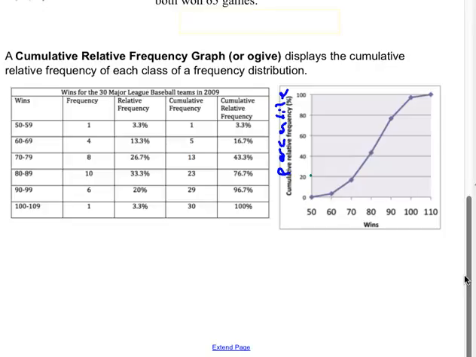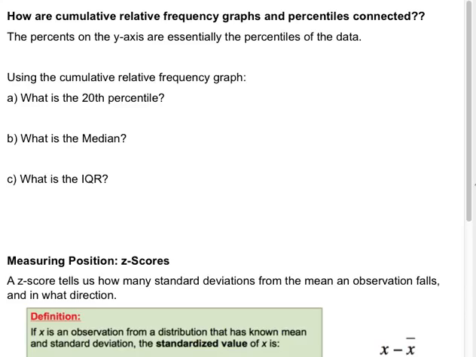The 20th percentile is right here, so we would want to see where it intersects. Looking at that, I would say the 20th percentile is probably pretty close to something like 72 wins.